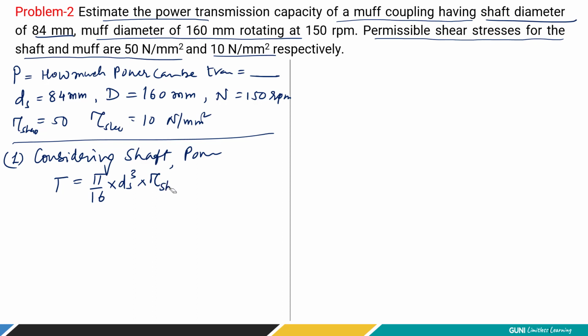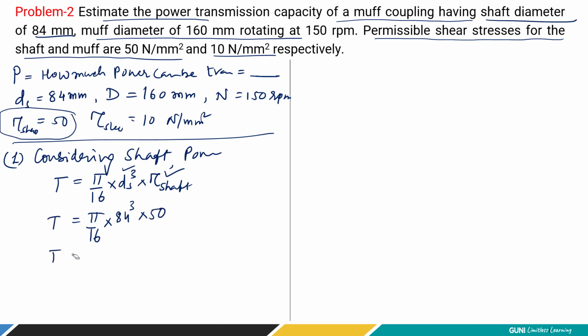This is the equation for shaft design. Here what is given to us is the shear stress value and the diameter, so from these two we can find the torque transmitted. Let's replace the values: pi by 16, the shaft diameter is 84 raised to cube, and for the shaft the safe shear stress is 50.